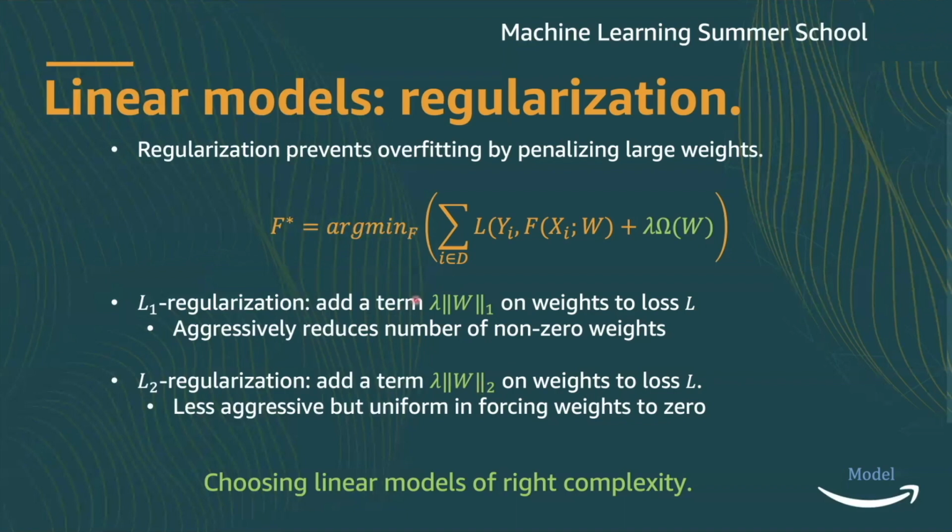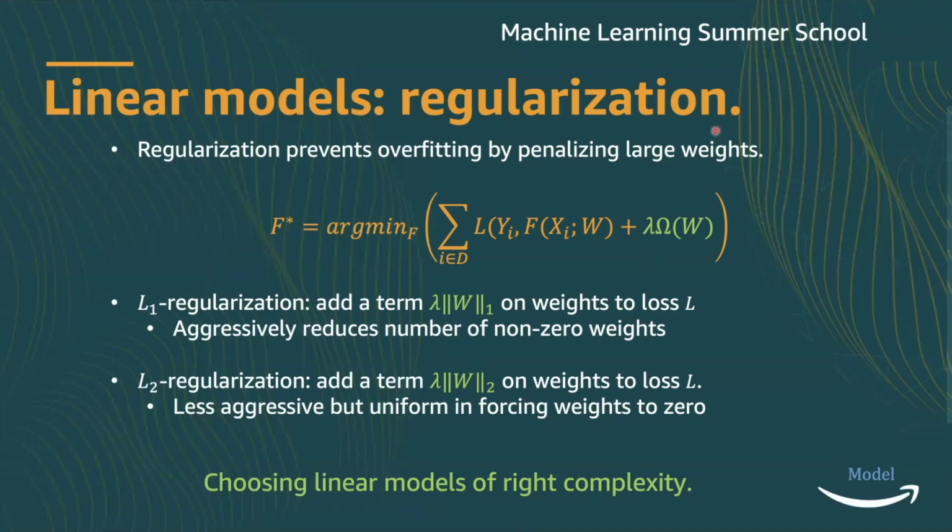That's what your L1 regularization does, and L2 does something a bit different. It's not as aggressive as the L1 regularization. It won't force them to zero, but it does a uniform reduction in all the coefficients involved. And by choosing an appropriate lambda, you can ensure that your model has the right complexity. It's neither overfitting nor underfitting.